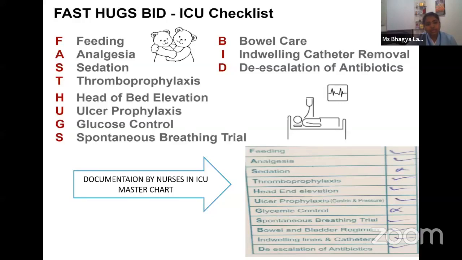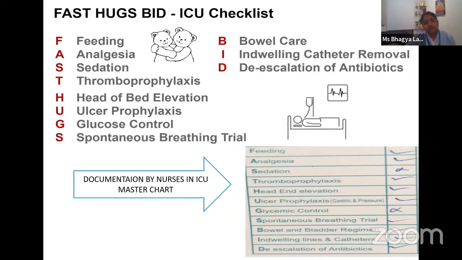The trial needs to be given. This is a component of our ventilator bundle, called sedation vacation. It means that we are stopping sedation for some time and waking up the patient to see how far he is able to breathe, because we are suppressing his respiratory muscles by providing complete support with the ventilator. So this is an important parameter to understand when the patient is on a ventilator.